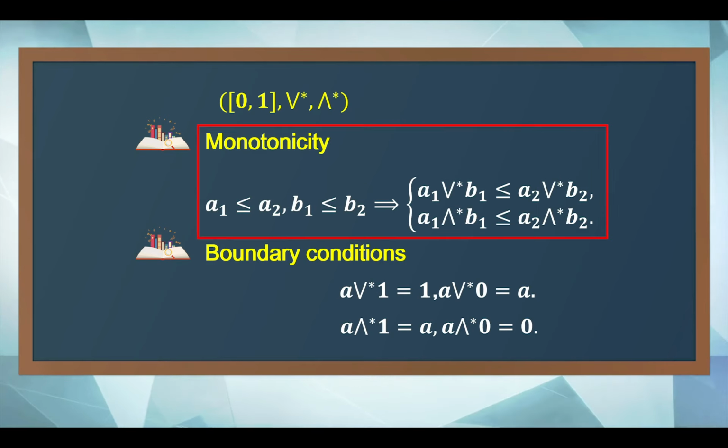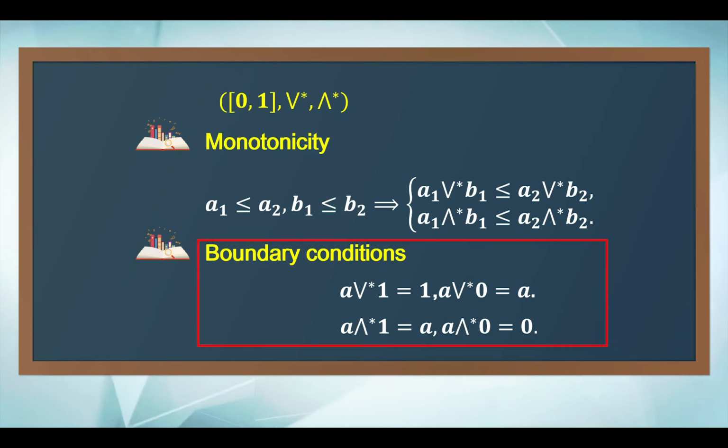If A1 is less than or equal to A2, and B1 is less than or equal to B2, then the generalized maximum of A1 and B1 is less than or equal to the generalized maximum of A2 and B2, and the generalized minimum of A1 and B1 is less than or equal to the generalized minimum of A2 and B2.